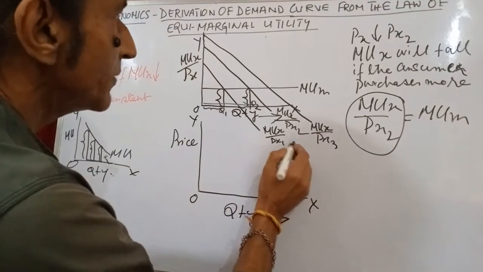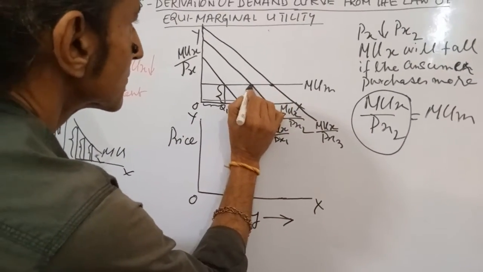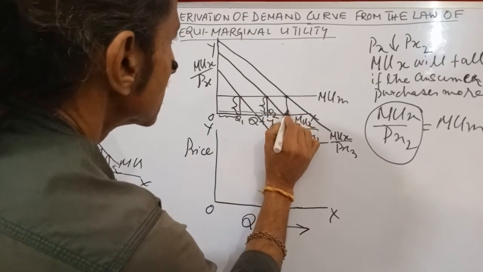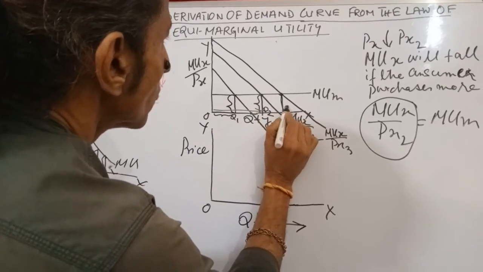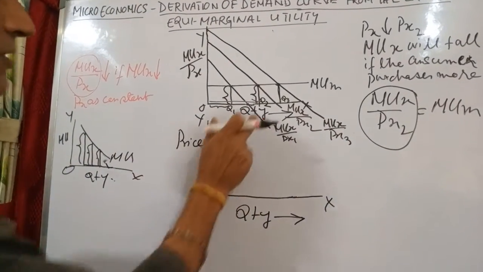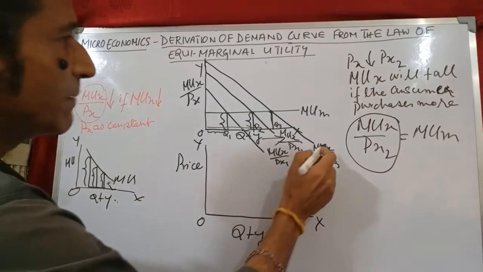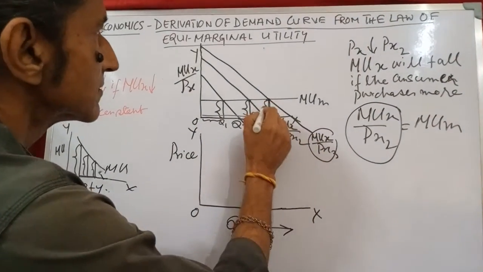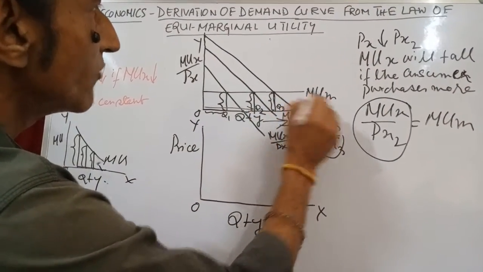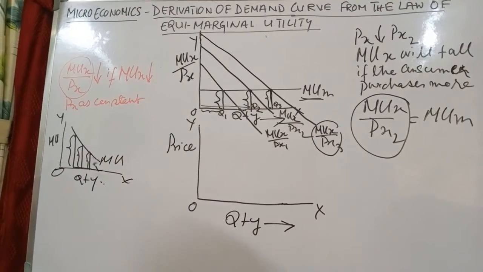Again, the consumer will be in equilibrium by consuming, say, OQ3 units. Because by consuming OQ3 units, the consumer's MUx by Px3 is equal to MUM, marginal utility of money. Right?